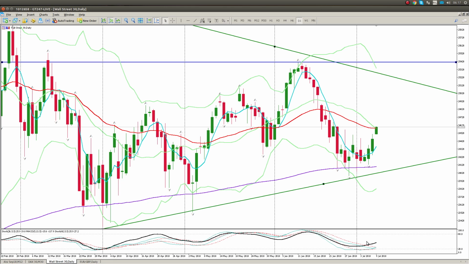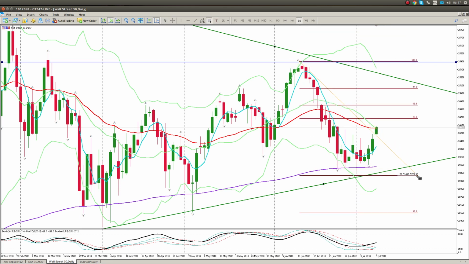On the daily here, we have all the oscillators grouped at the bottom, so there is a move to the upside brewing, and I suspect we're going to get another move like this, or at least until the 61.8 or 76.2 retracement, which would probably coincide.